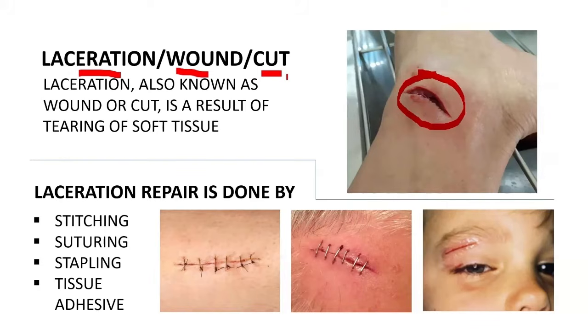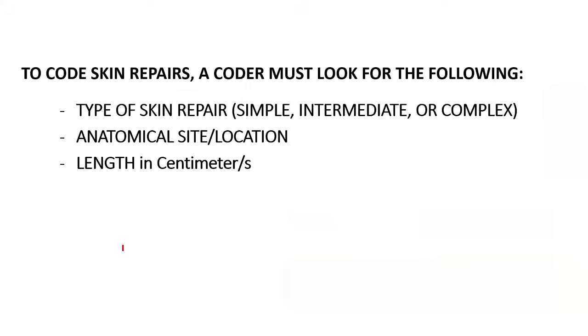The physicians usually repair it or close it using stitching or suturing or stapling or using tissue adhesives such as Dermabond. This is the basic terminology that we should have in terms of coding skin repairs. Let us dive into coding skin repairs.